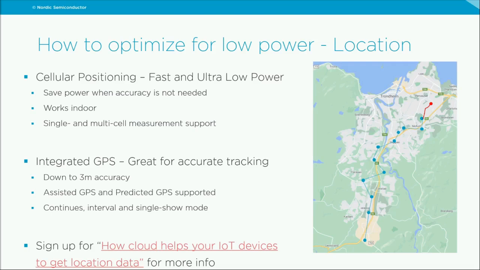And when you get into the town, you can then switch over to the GPS in your application. And you can get a very accurate tracking. So it's no use to have this GPS on all the time when you're just driving down the road, for example. That is just using a lot of power that's probably not needed in your application.